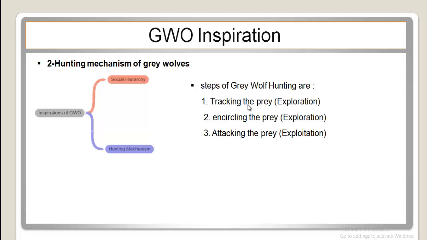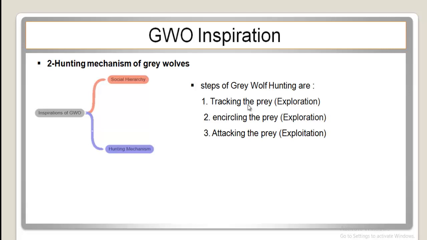Once the prey is identified and encircled, the wolf moves in and attacks it. The gray wolf optimization algorithm mimics this by narrowing down the search to an identified promising area and intensively fine-tuning the solution to converge on the optimal solution.